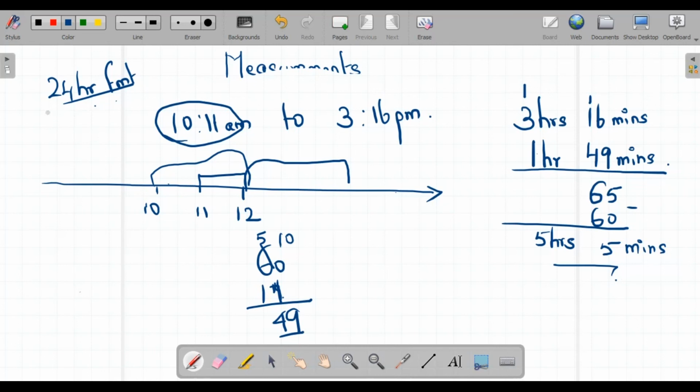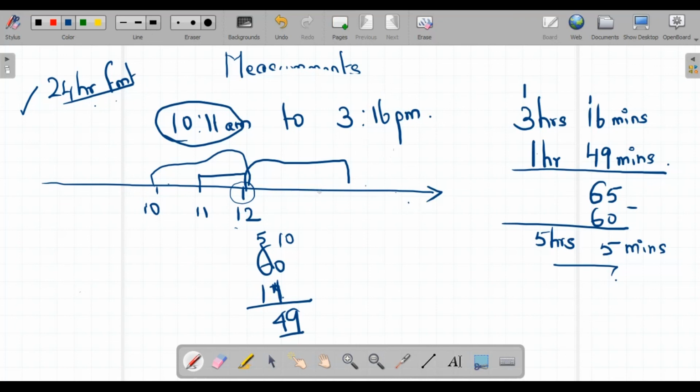So with the 24-hour format, the duration is going to be very easy. However, if it is in the 12-hour format with AMs and PMs, then we need to do an appropriate calculation till noon, and from noon we get the secondary value, and then sum them up to find the total duration. So this way we can find out the duration.